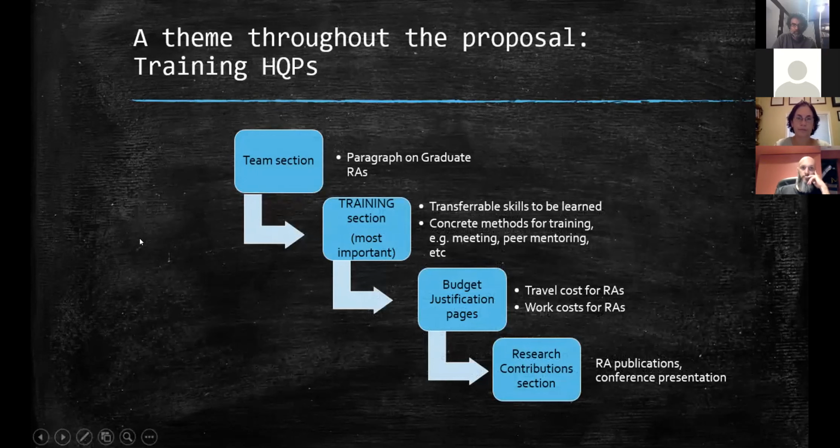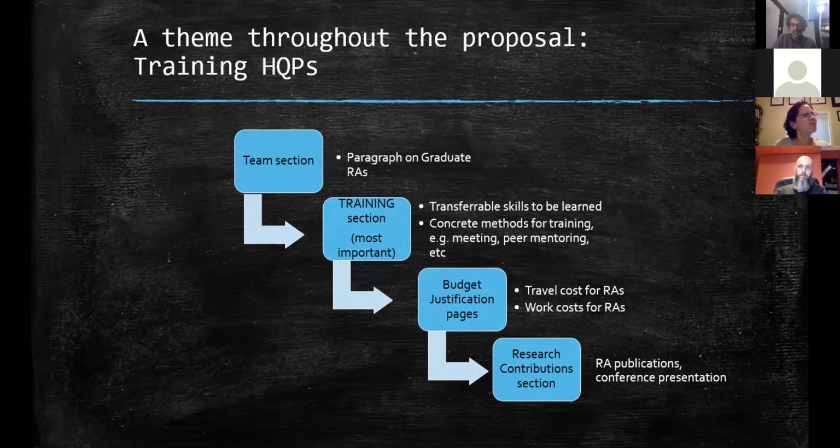Something that you'll see is really emphasized in SSHRC Insight grants is training HQPs, or as we used to call them, graduate students, highly qualified personnel. And this is something that I think it's useful to connect throughout your proposal.